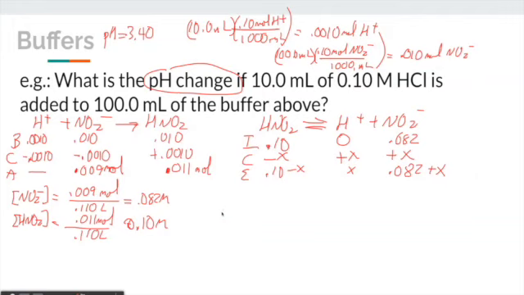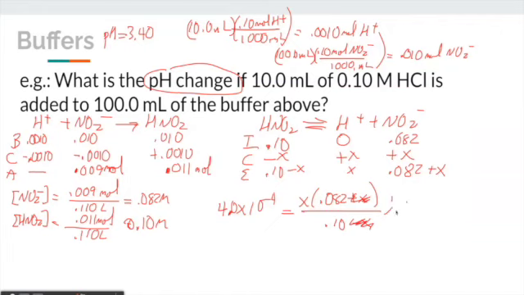So the Ka for this buffer, you'll recall, is 4 times 10 to the minus 4. Maybe you won't recall, but I did. 4 times 10 to the minus 4, that's the Ka for HNO2. That's going to be equal to X, because that's the H plus concentration, times 0.082 plus X divided by 0.10 minus X. Because 10 to the minus 4 is small, I'm going to ignore these two X's unless my answer shows that I couldn't have.